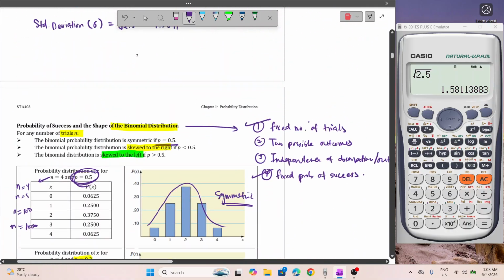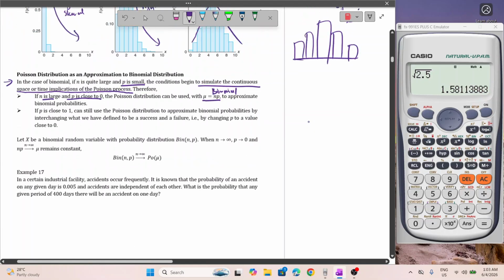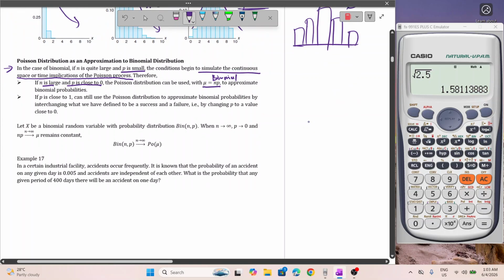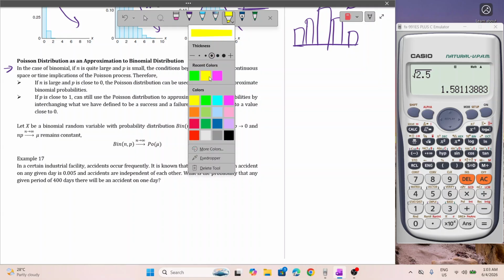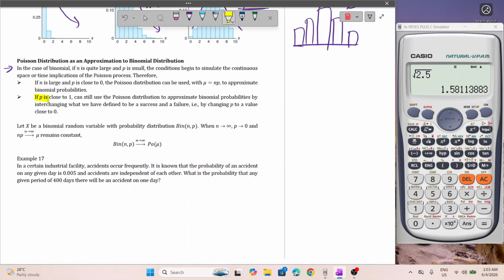So there are conditions, like I said, that can be used. I think it's better to use the highlighter. If p is close to 1, we can still use Poisson distribution to approximate binomial probabilities by interchanging what we have defined to be a success and a failure.